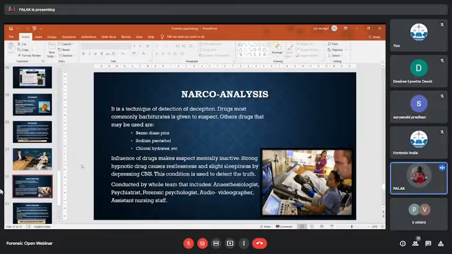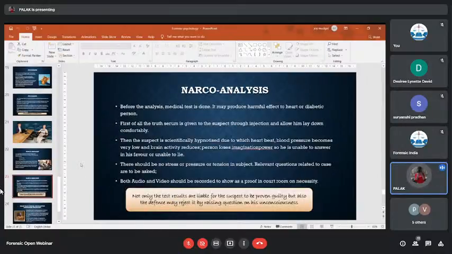It is conducted by a whole team that includes an anesthesiologist, psychiatrist, forensic psychologist, audio videographer, and assistant nursing staff. Before the analysis, a medical test is done, as it may produce harmful effects and hurt a diabetic person.